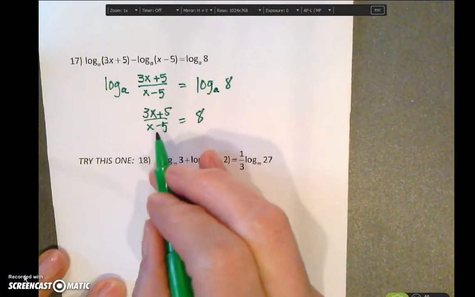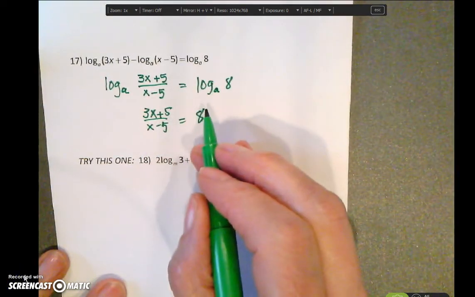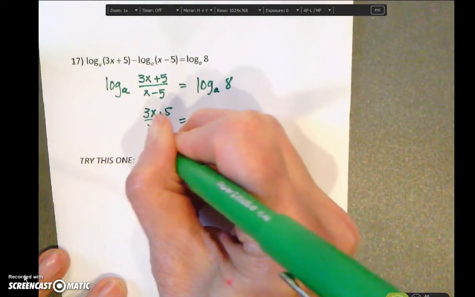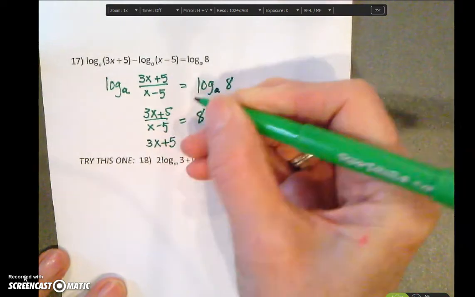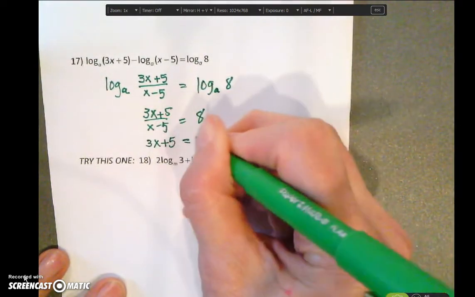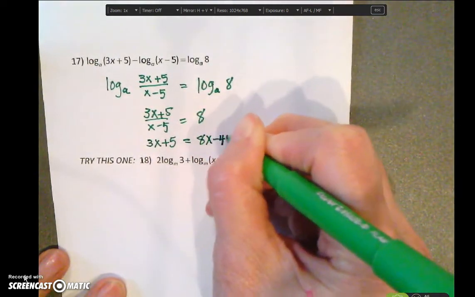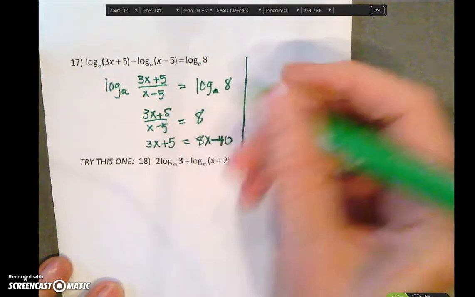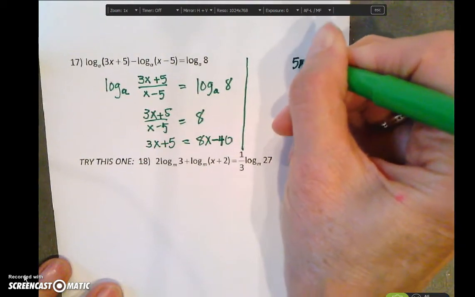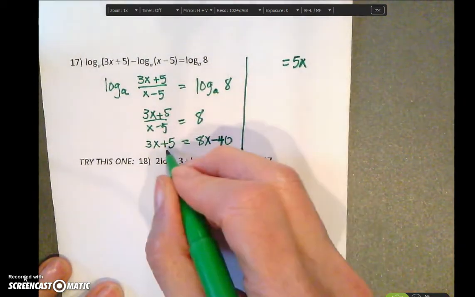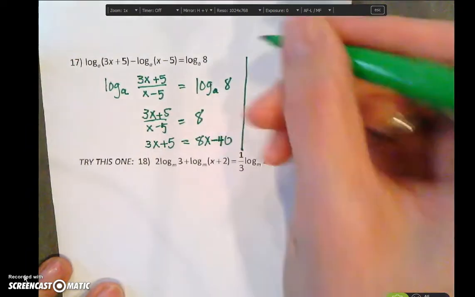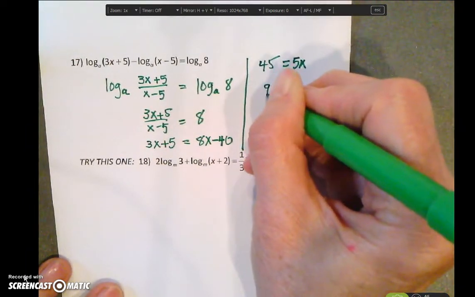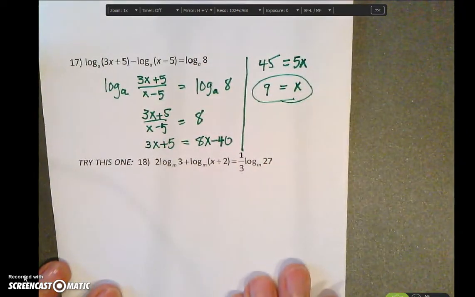So to solve it, I'm going to multiply by x minus 5, and that will give me 3x plus 5 is equal to 8 times x minus 5, so 8x minus 40. All right, so then I want to solve it, so I'm going to subtract my 3x, so that's going to give me 5x, and I'm going to add my 40 to this side and get 45. Divide by 5, and we get that x is equal to 9.